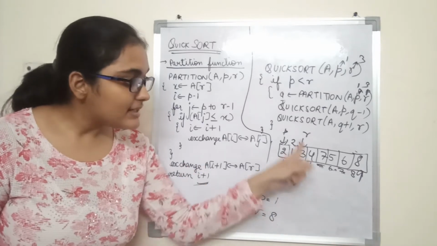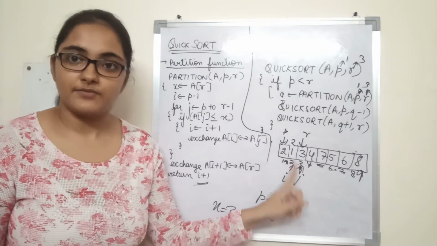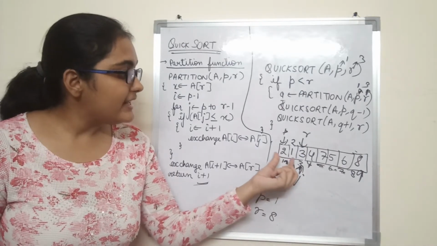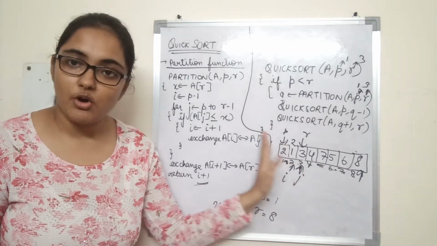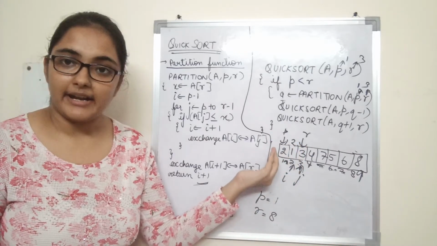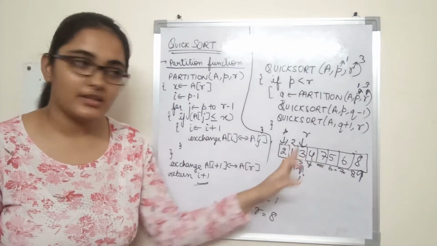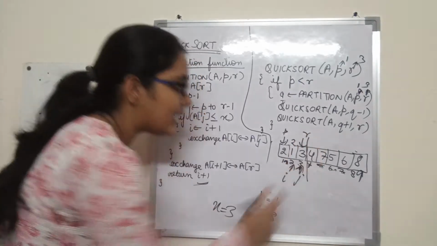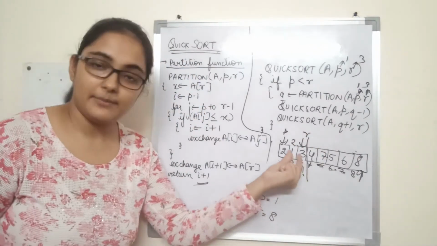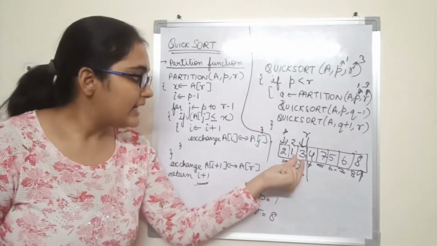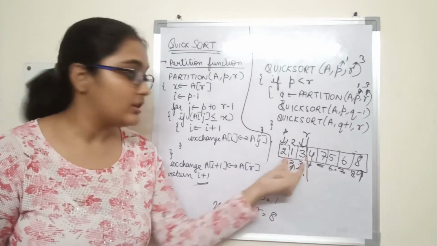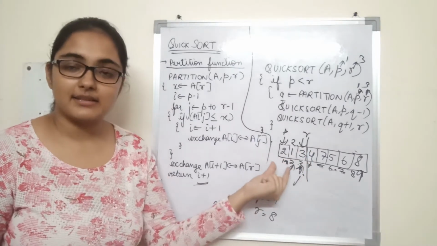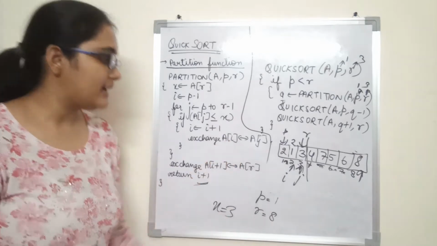Because the pivot element is already in its correct position. Alright, it already has all the elements which have to be smaller than it on the left side, and the elements which are larger than it on the right side. So no element is larger than this element 3. Alright, so it has to be placed exactly here. So no change has resulted from the partition function, right?